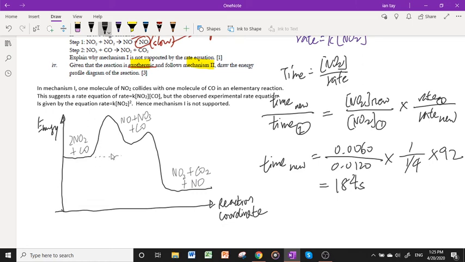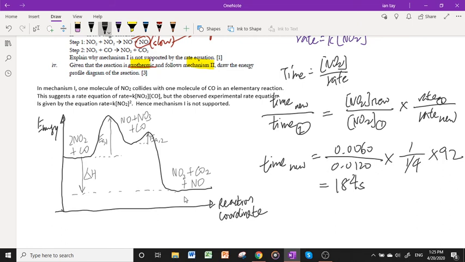The question didn't explicitly ask for this, but it's always a good habit to do this. Note that for the labeling of these energy changes, you need to draw single-headed arrows only. And we are done with this question.